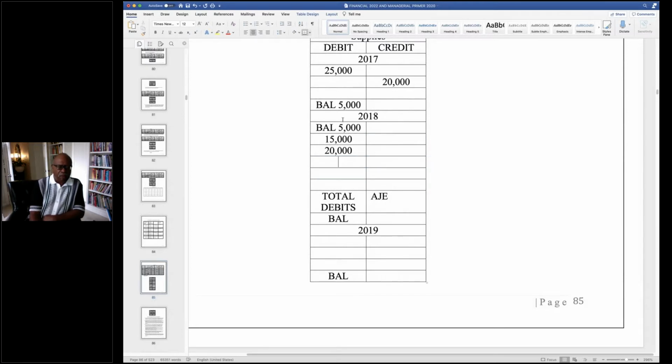Well, in making the entry to get ready to make that adjusting entry, we're going to do a subtotal in here. So what's that subtotal amount going to be at this point? 40,000. Okay, 40,000. So we got 40,000 in the account, 5 from the prior year, 15 and 20 for a total of 40,000.